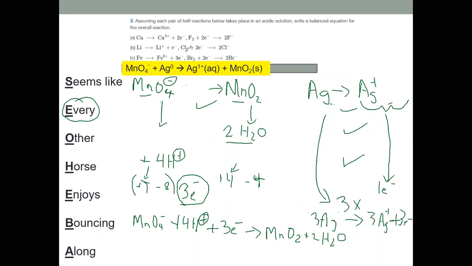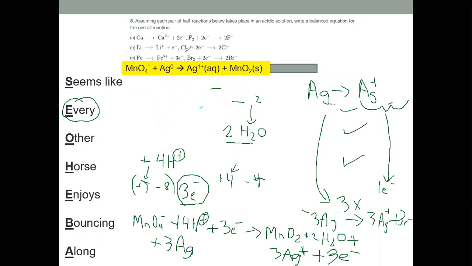Now let's add the silver half reaction, the 3Ags, add to this side of the equation. Okay, and then we just continue right along here, plus 3Ag+ plus 3 electrons. Okay. All right, now we're going to find ourselves a little real estate here.